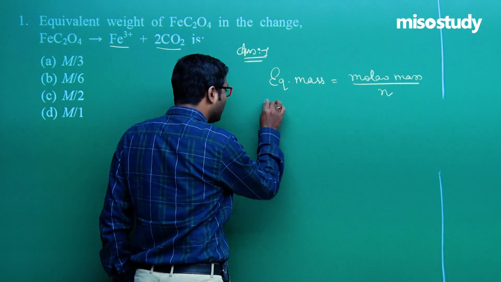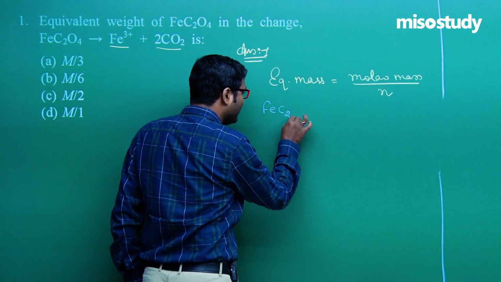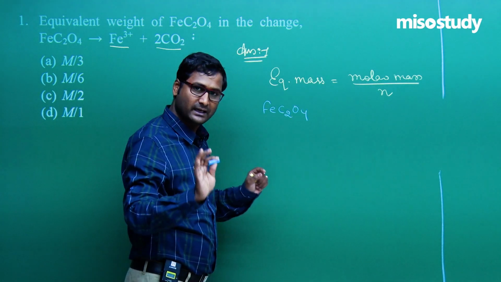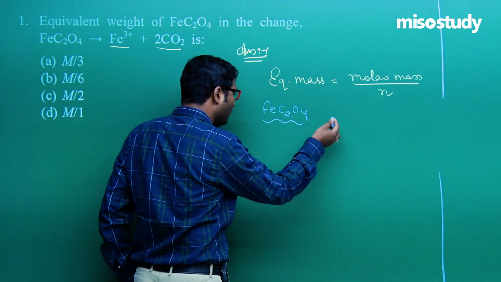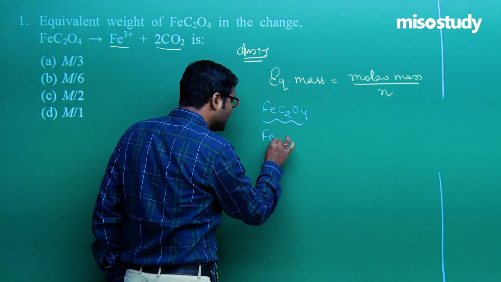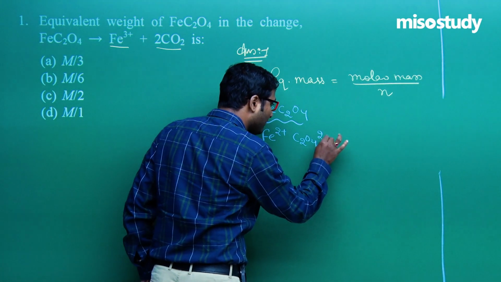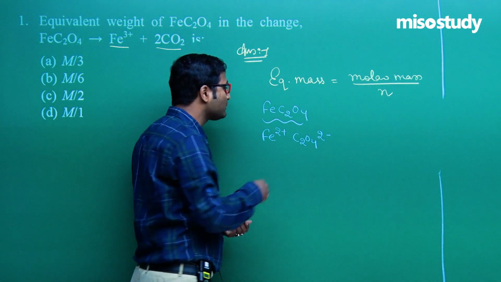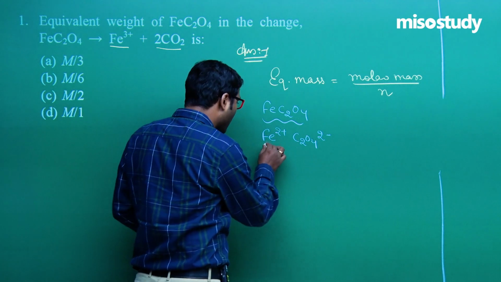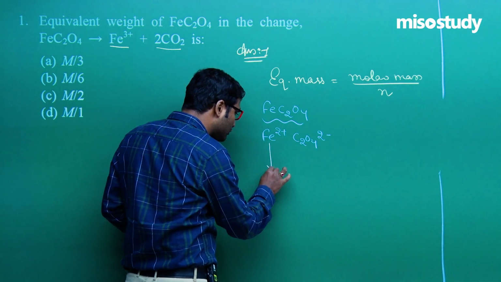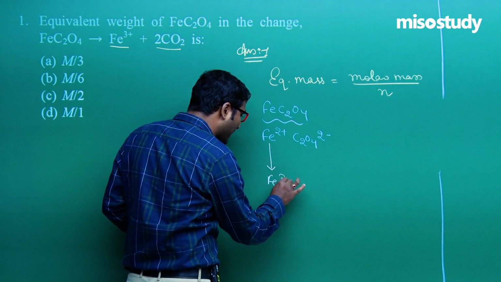According to the question, FeC2O4. Clear? As we know, this will break like this: Fe2+ and C2O4 2-. This is the oxalate ion. Now according to the question, Fe2+ converts into Fe3+.